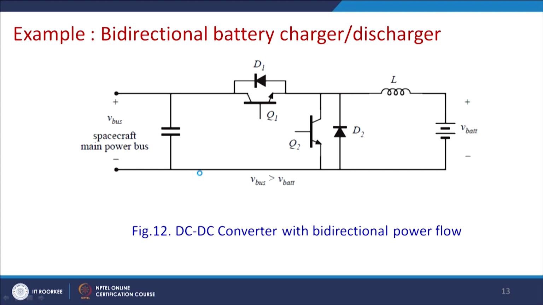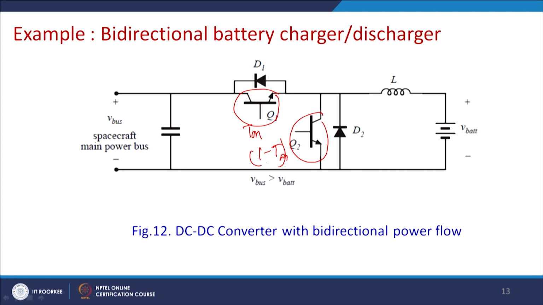This is an example of the bidirectional battery charger, where there is a little bit of change. We had in this case a buck converter, this was IGBT or BJT, and this was diode, since actually this was T on and automatically this becomes 1 minus T on.